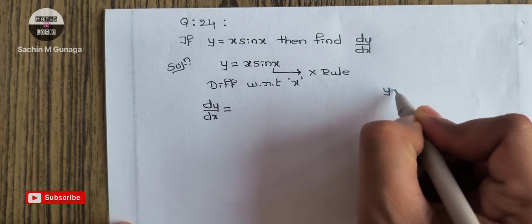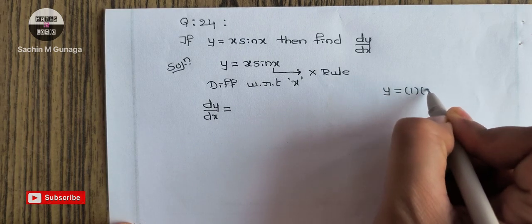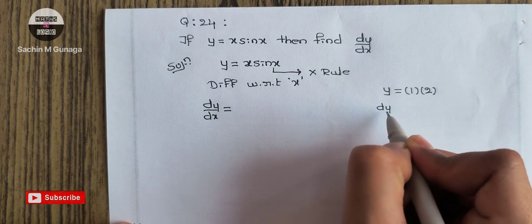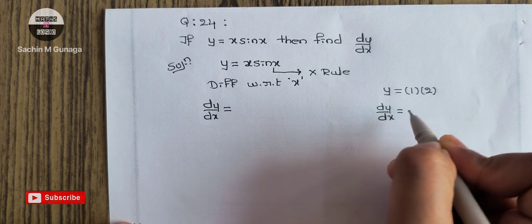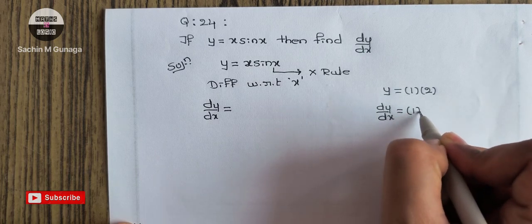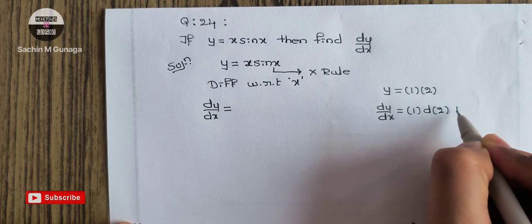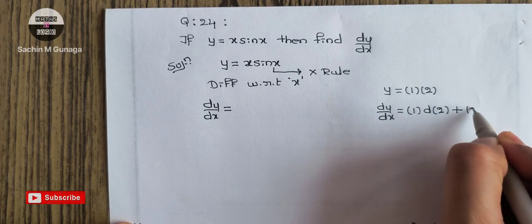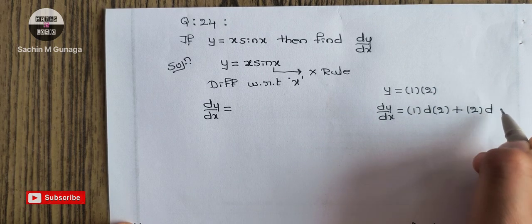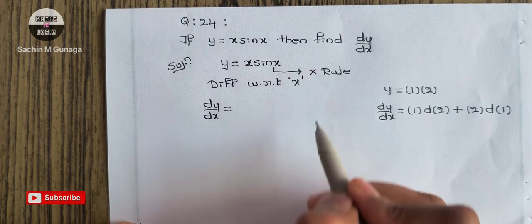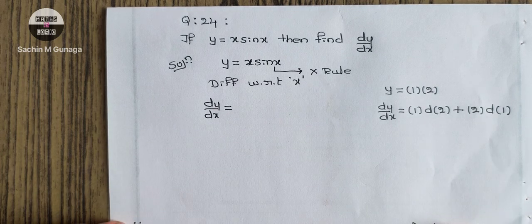If y is equals to first function into second function, then dy divided by dx is equals to first function kept as it is, differentiate the second function, middle plus sign, next second function kept as it is, differentiation of the first function. So this is the multiplication rule in differentiation.